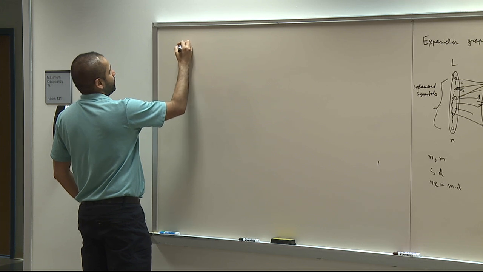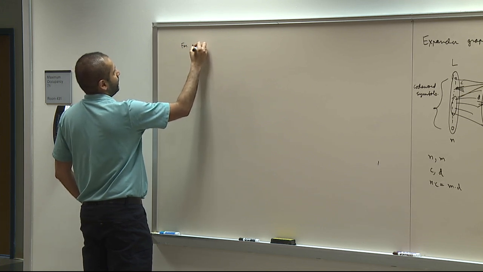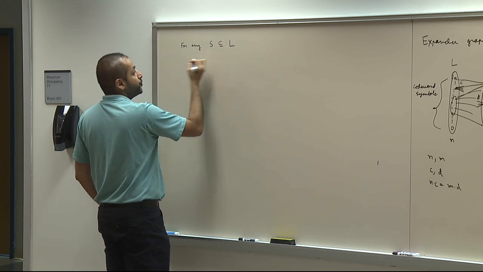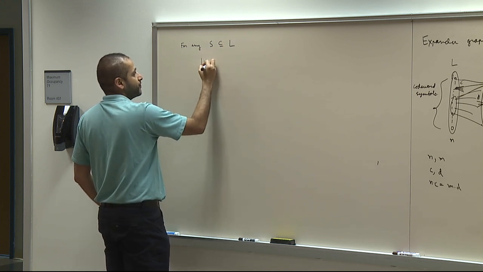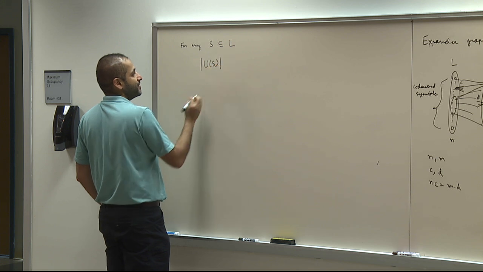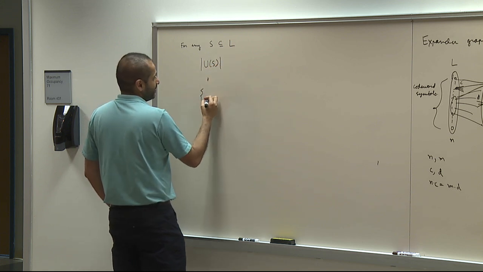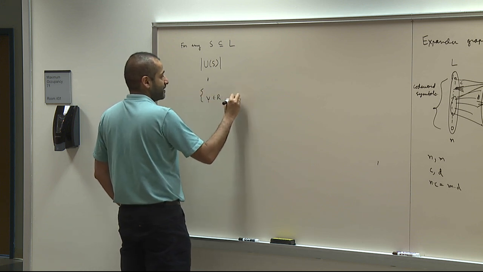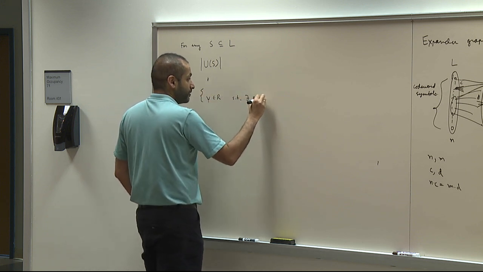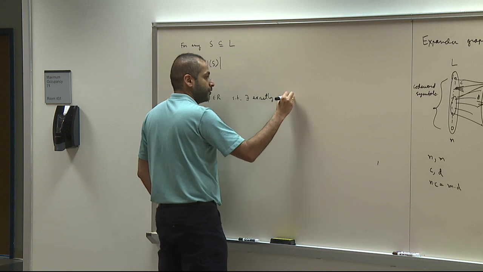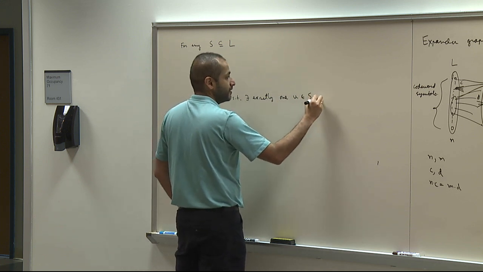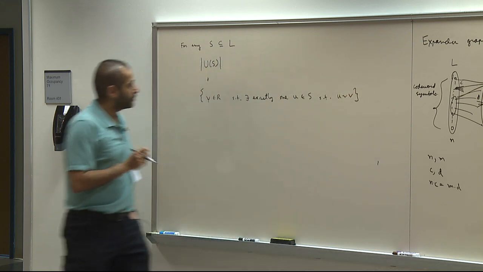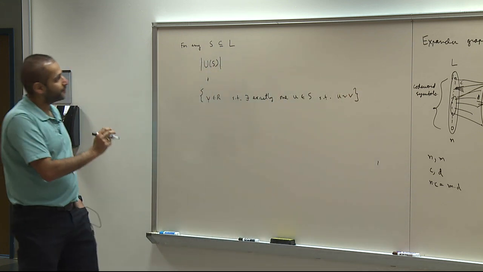Which is that for any set S inside the left hand side, the size of the set of unique neighbors, U of S. What is unique neighbors? This is the set of all vertices V in the right hand side such that there exists exactly one U in S such that U is a neighbor of V. Those vertices on the right that have exactly one neighbor.